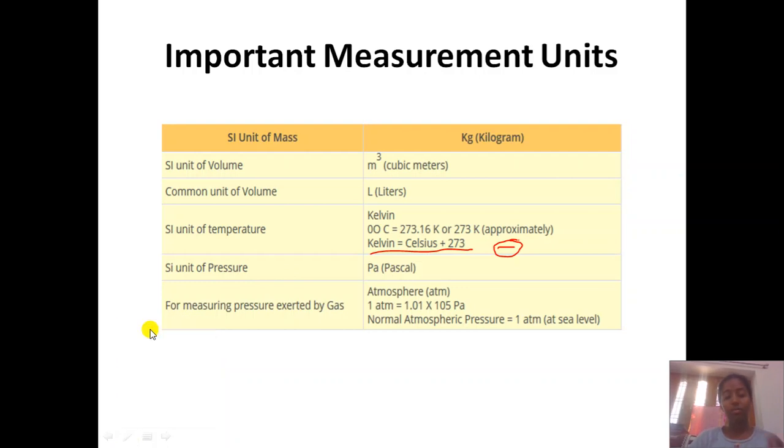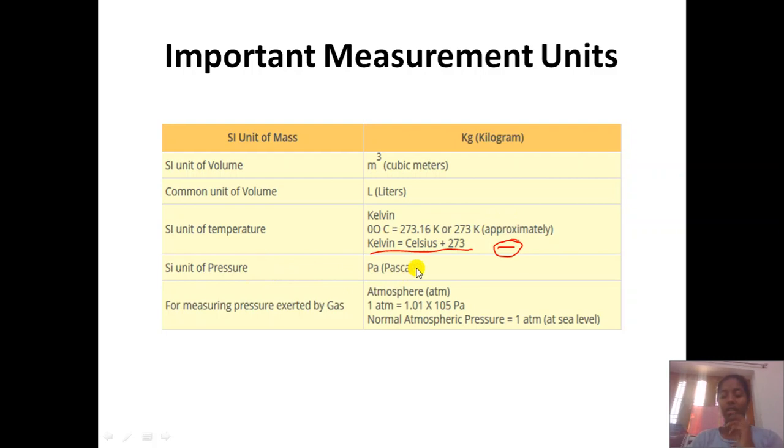This is again a 2 marks question. Every time it is asked in your half yearlies or unit test, that find the answer in Kelvin or in Celsius. So you have to keep in mind this formula. You don't have to consider 273.16. You have to consider only 273 because that is the approximate value.